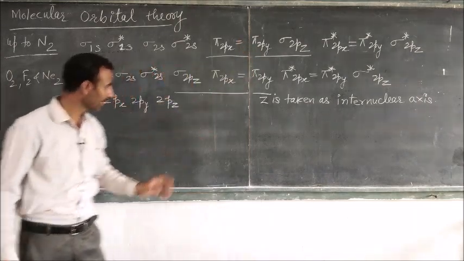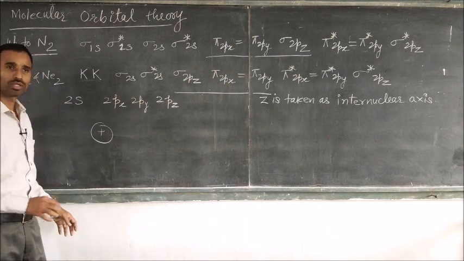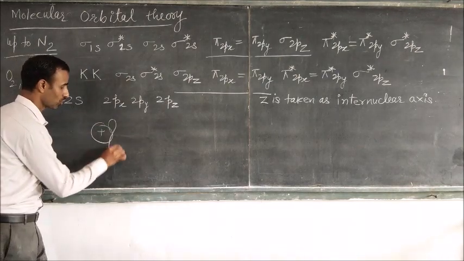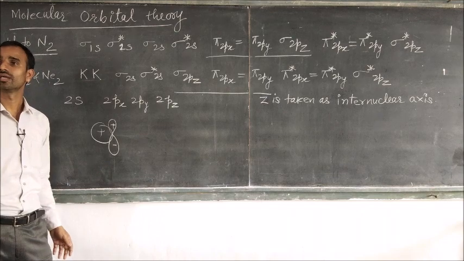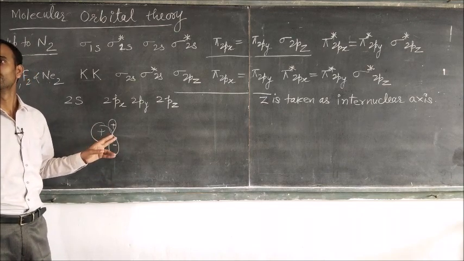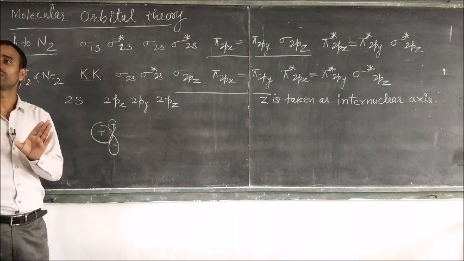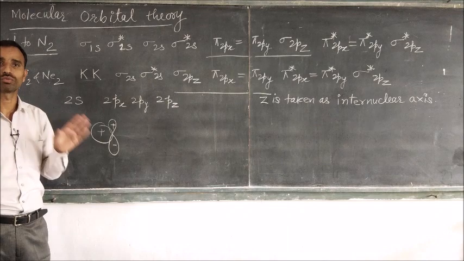Second, when the 2s orbital overlaps with 2px or 2py, there is zero overlap for 2px as well as 2py. This means the 2s orbital cannot interact with 2px and 2py.